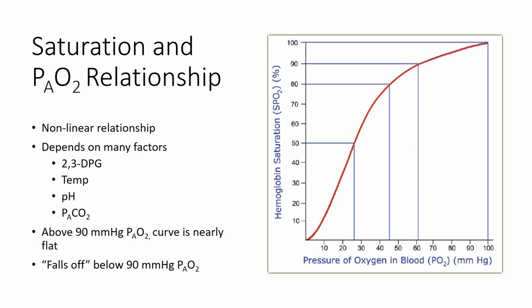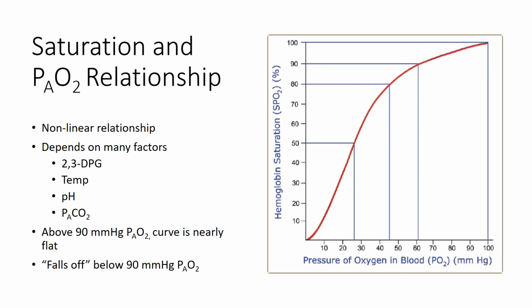It depends on 2,3-DPG, pH, temperature, and CO2. Above 90 millimeters of mercury, up at the top of this curve, it's nearly flat. I don't think this image quite does it justice. Then below 90%, it sharply falls off, so that as you drop from 60 to 50 to 40 millimeters of mercury of oxygen in the blood, the saturation drops dramatically.